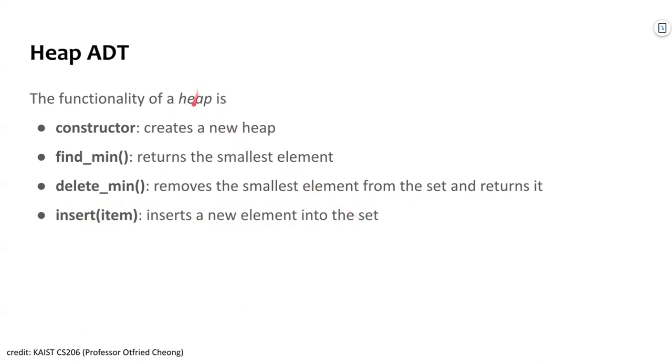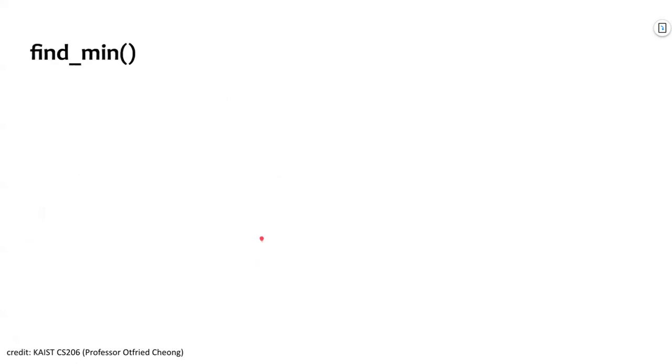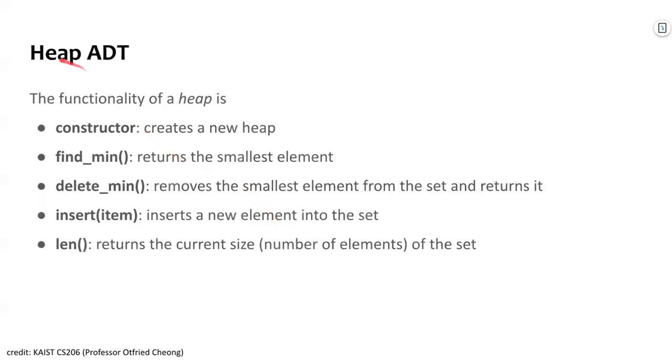So heap is a collection of items, and we are going to make this find min operation O(log n). And we're going to support len operation, which returns the current size, the number of elements of the set. And before we start to implement heap, I'm going to describe how we are going to implement find min operation.